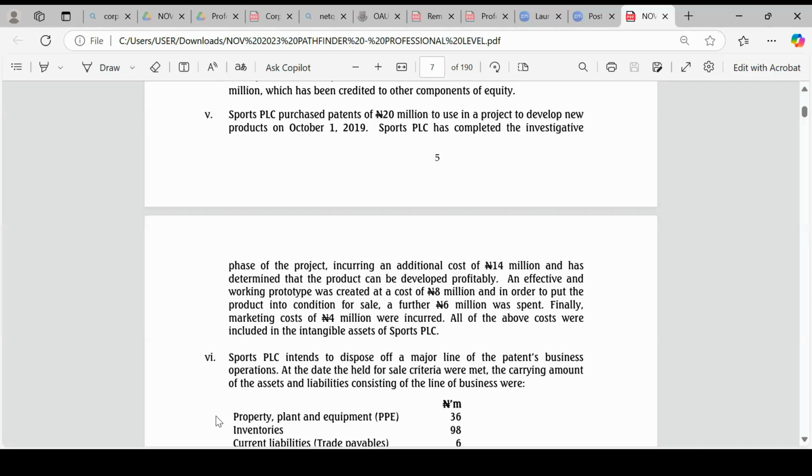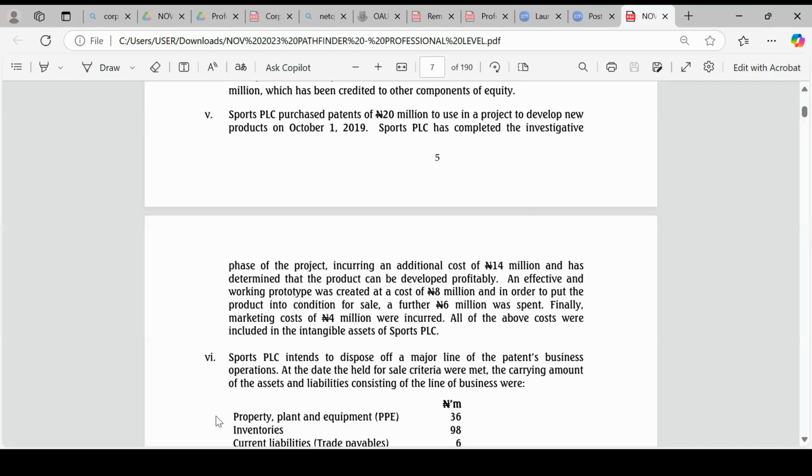Now, by our judgment, we already know using IAS 38 that investigative costs or research costs are costs incurred before you have identified that the product you are trying to develop is viable. So at that preliminary stage, any cost you incur is going to be expensed.